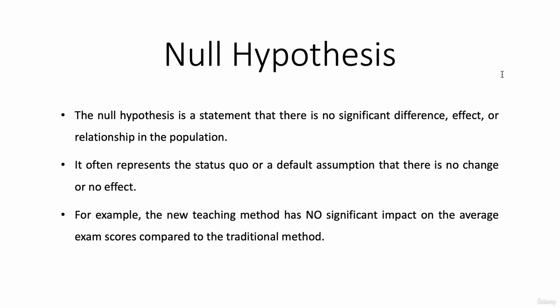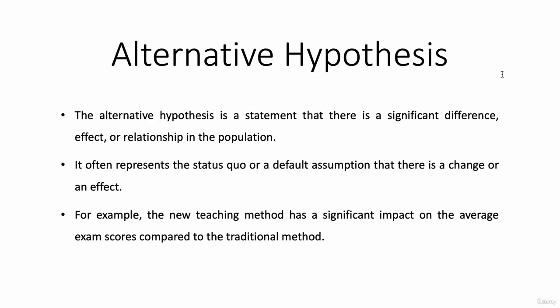Suppose you take our scenario of the new teaching method to improve students' performance, where the null hypothesis will be that the new teaching method has no significant impact on the average exam scores compared to the traditional method. So let's understand what the alternative hypothesis means.